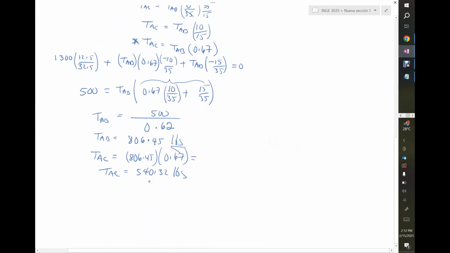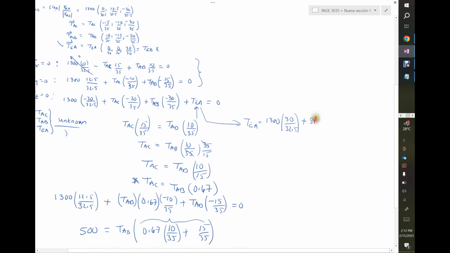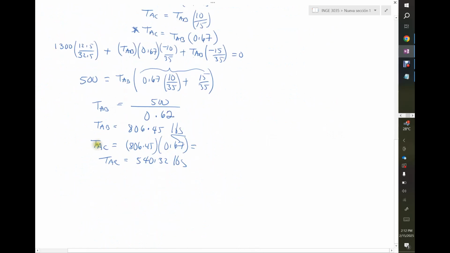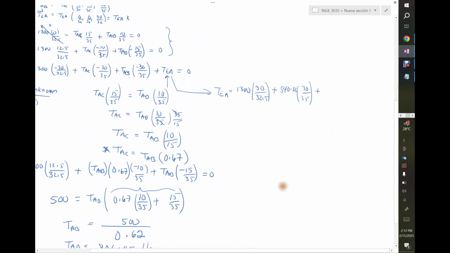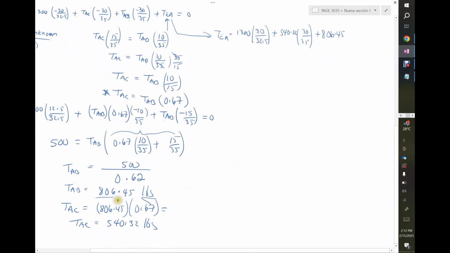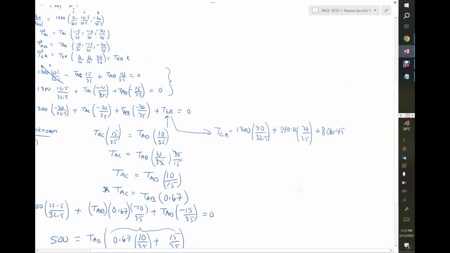TAC is 540.32, times 30 over 35, plus TAB, 806.45, also times 30 over 35. Did I get all of them? Yeah. And that's basically the answer here.